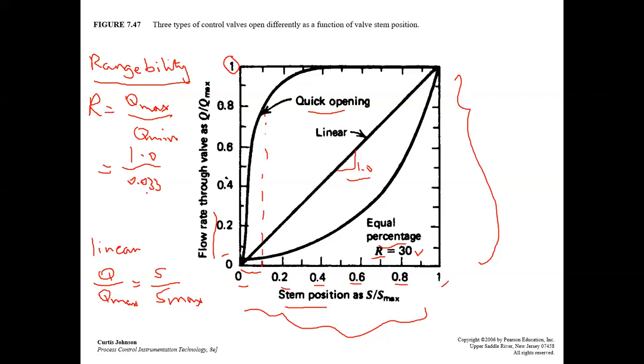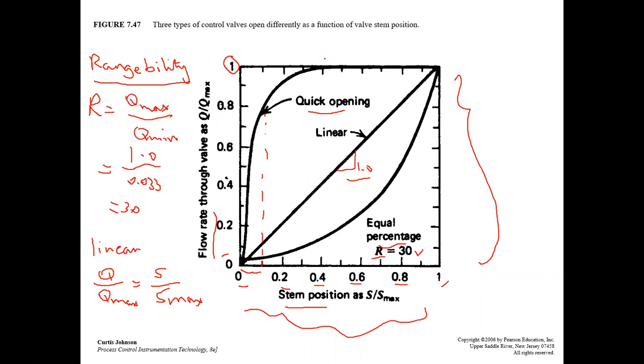From where do I get this number? Because we have R equal to 30. When we divide 1 by x, the unknown, we should get 30. So I calculated this value because I know that R is 30.